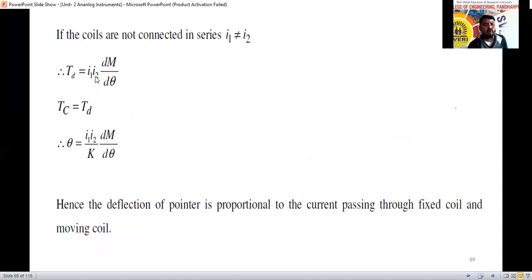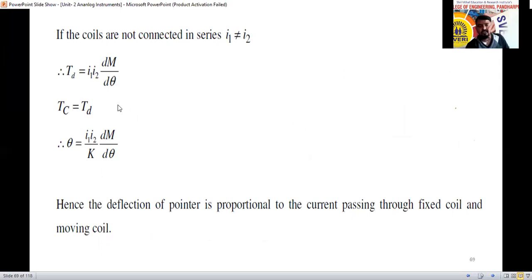I1 is the current flowing through the fixed coil, I2 is the current flowing through the moving coil, and dM by d theta is the rate of change of mutual inductance between the fixed coil and moving coil with respect to the angle of deflection.